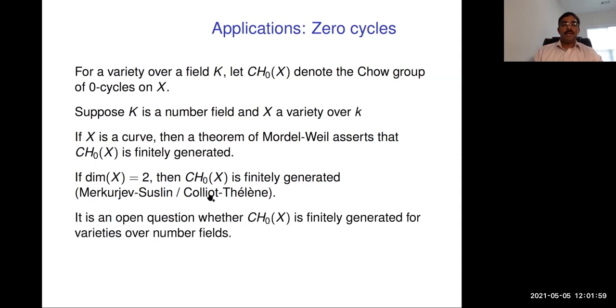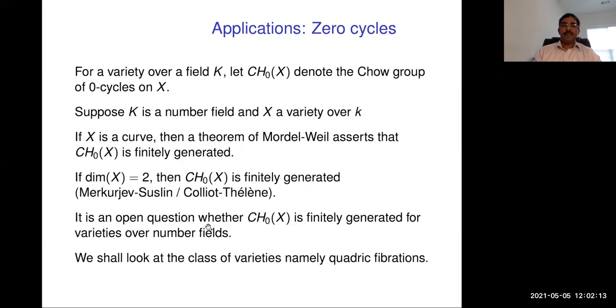Okay, what about higher dimensional varieties? It's an open question whether this is finitely generated. In fact, it's a conjecture due to many people that Chow 0 of X is finitely generated for any variety over a number field. So we should look at some class of varieties, namely quadratic fibrations. What does that mean?